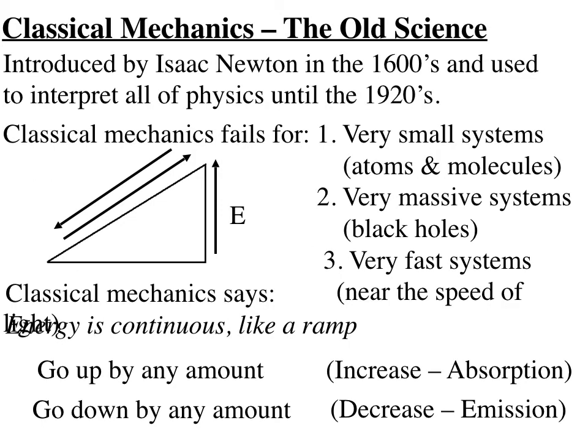The physics that was used describing Rutherford's planetary model was what we would now refer to as classical mechanics. It's the old way in which physicists interpreted the physical world. It was begun by Isaac Newton in the 1600s.